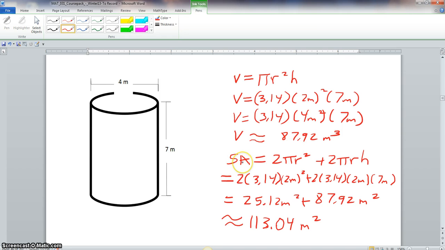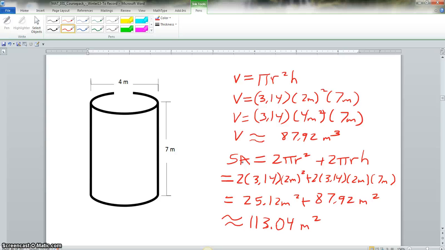Now we go down here to the surface area. We have 2 pi r squared plus 2 pi rh. So now we substitute in the values. 2 times 3.14 times 2 meters squared, because in the previous problem we know that the radius is 2 meters. And then we will have 2 times pi, which is 3.14, times the radius times the height. Now 2 times 3.14 times 2 meters squared will give us 25.12 meters squared.